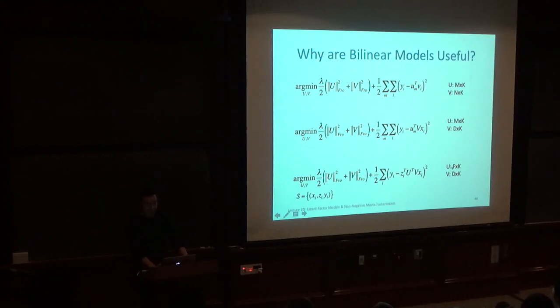If I have an F dimensional user feature vector, then this might be easier to learn than if I use the identity of the users, which is capital M. And so there's no single right answer here. It just depends on your application.